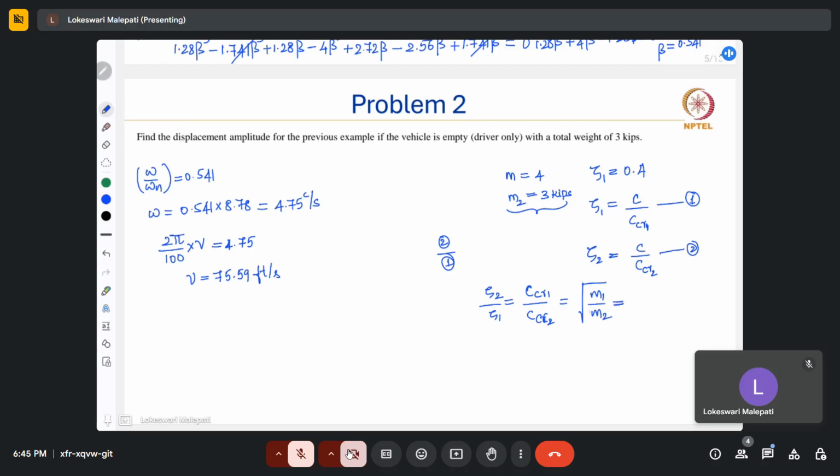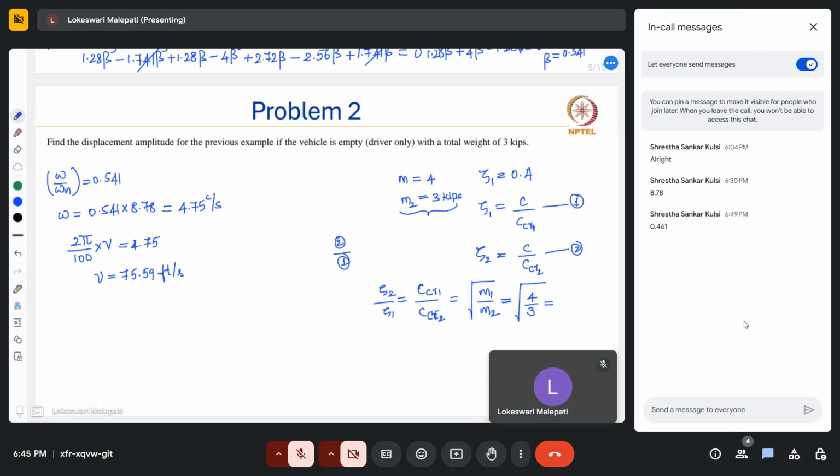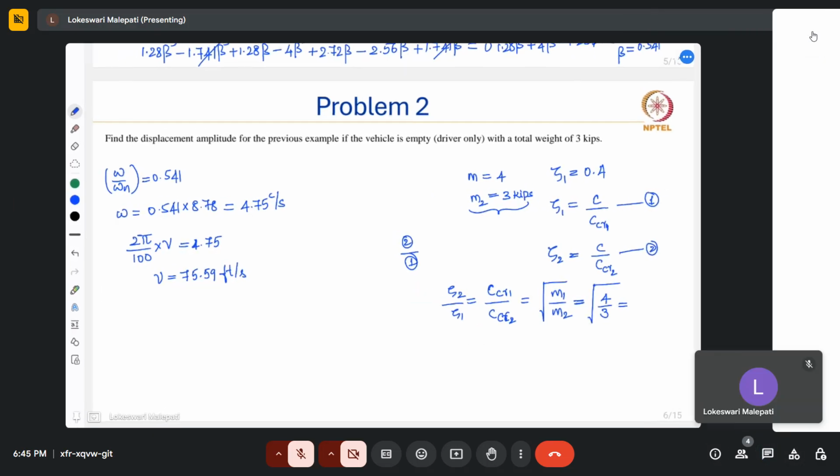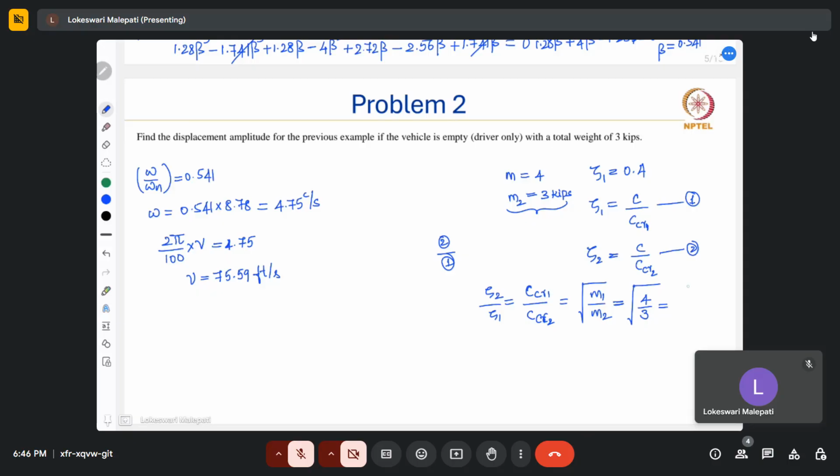So the ratio of masses will be same as the ratio of weights. So we can directly substitute, square root of 4 by 3. Yes, 0.461.